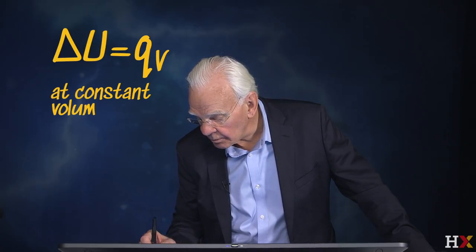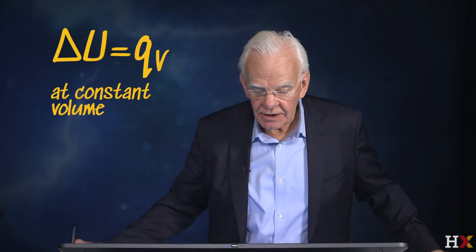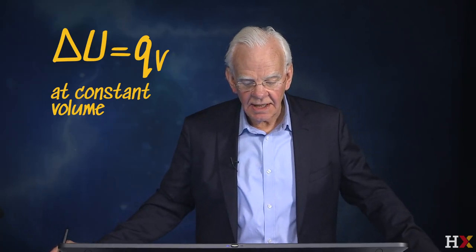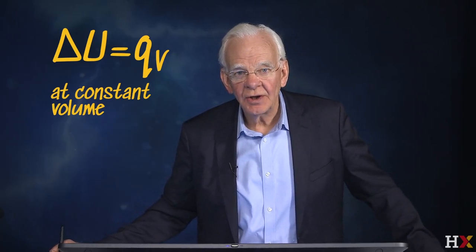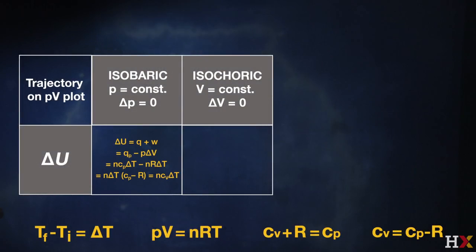Okay, now let's move on to the isochoric case. In this case, volume is equal to a constant. The change in volume is equal to 0. So when we write the first law, we have delta U is equal to Q plus the work term. But if delta V is equal to 0, there's no mechanical change in that trajectory, and so the work has to identically equal 0.